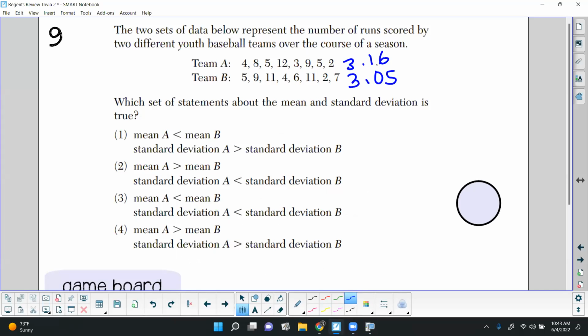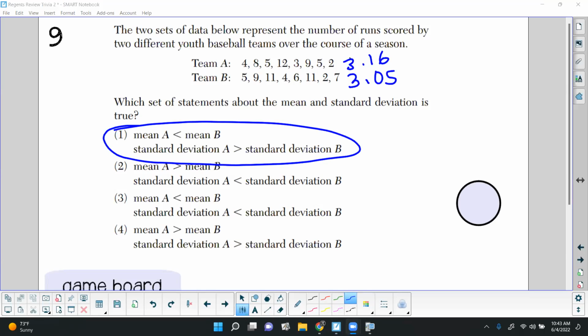The standard deviation of 3.16. So I know that team A's mean is less than, but its standard deviation is greater than. So maybe now that I showed you how you can find that standard deviation, you can answer those questions moving forward.